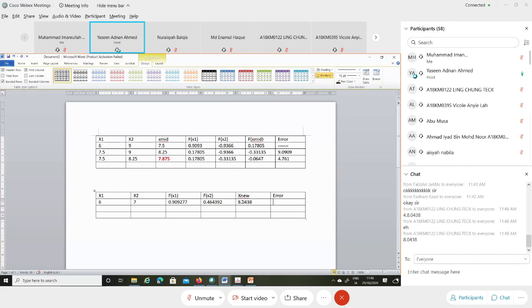So error will be straightforward. x new, 8.0438 minus 7 divided by 8.0438. So error will be 12.9764. This one we consider x2 here.